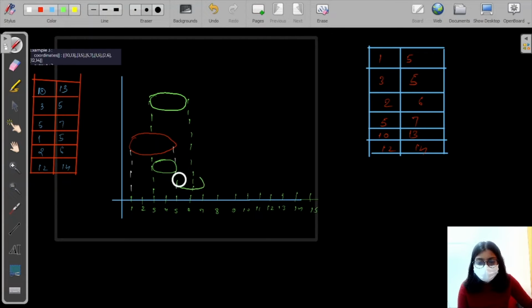From 5 to 7. Then 10 to 13 and 12 to 14.